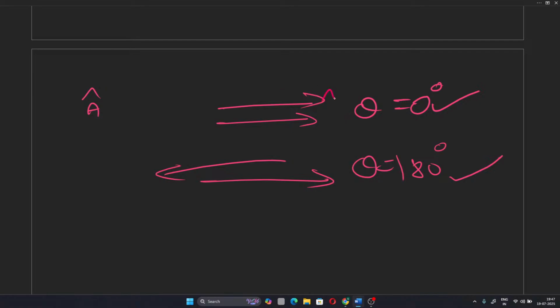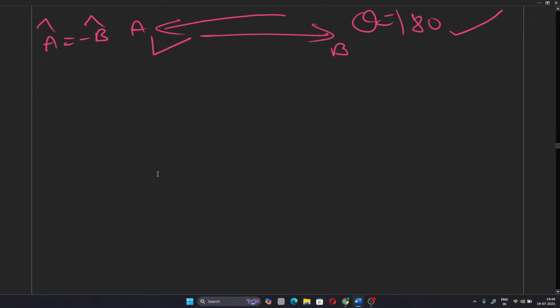If this is line A and this is line B, A cap equals B cap. In case of anti-parallel vectors, if this is A and this is B, then A cap equals minus B cap. This statement is also correct. And the fourth option is all of the above. So the fourth option, all of the above, is correct.